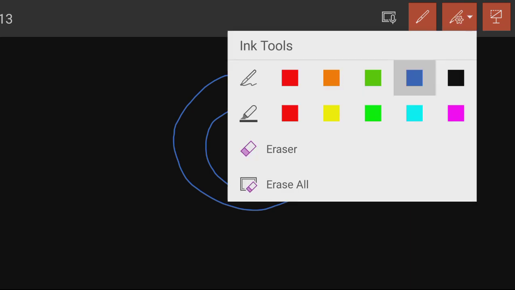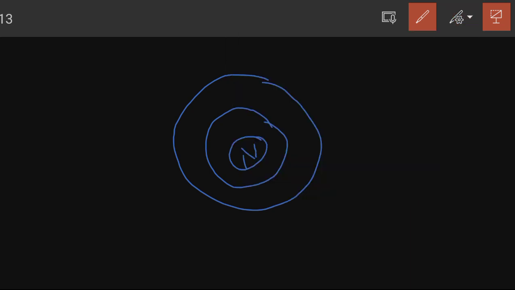Let's say this is an electron, this is an orbit, and here is the nucleus.